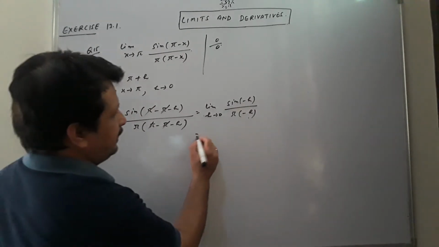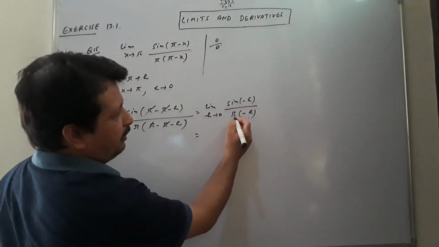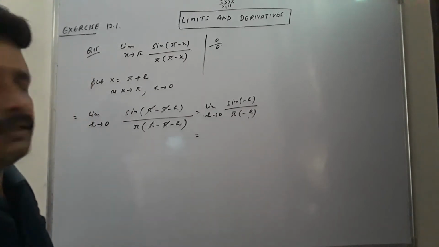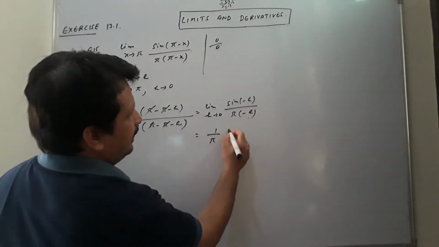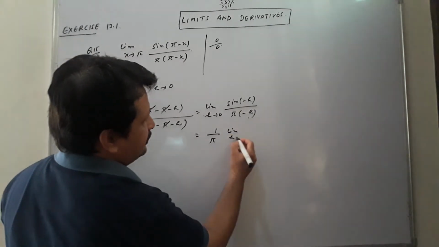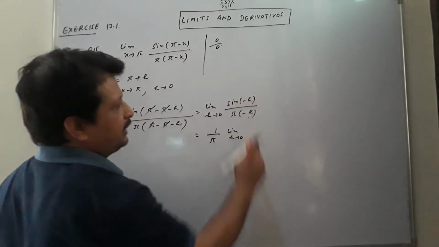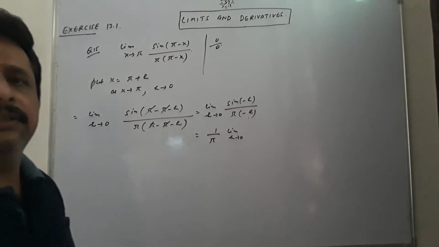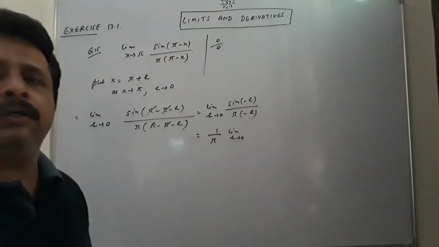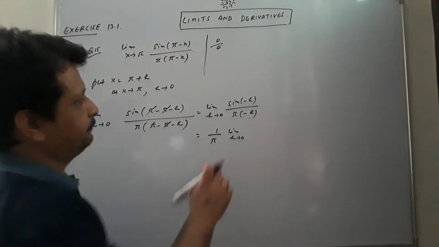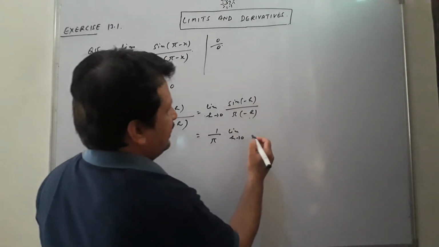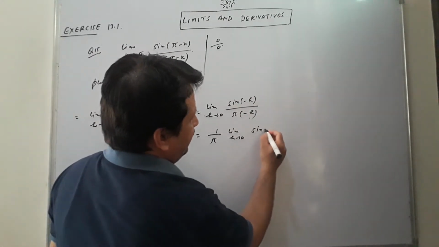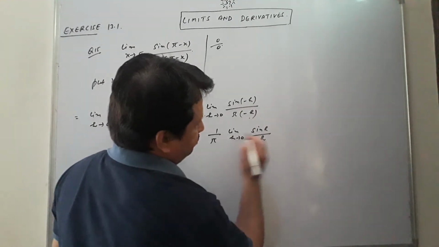Now students, I have told you that when there is a constant inside the limit, the constant will come outside. So 1 by pi will come outside, and this is the limit h tends to 0. Now you know that sine of minus h is equal to minus sine h, and in the denominator minus h, so minus minus will cancel out and it will come as sine h by h.